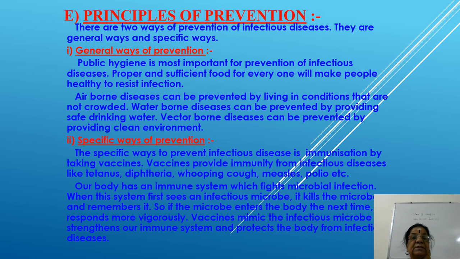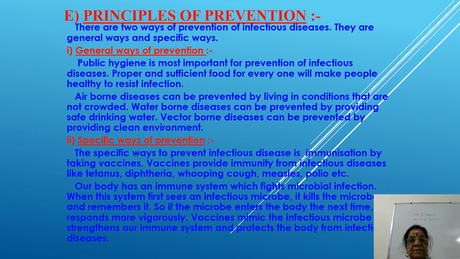Principles of prevention. There are two ways of preventing infectious diseases: the general way and the specific way. In the general way, public hygiene is most important for prevention of infectious diseases. Proper and sufficient food for everyone will make people healthy enough to resist infection.